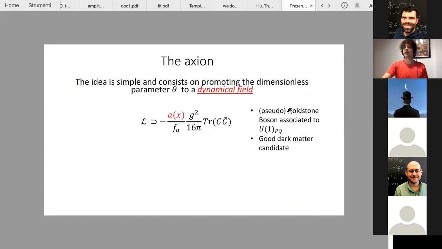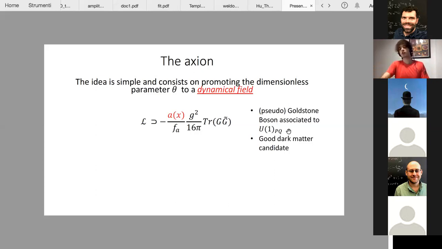This field is actually a pseudo-Goldstone boson associated with a new global U(1) symmetry that is called Peccei-Quinn, after the two authors. So you have this new global symmetry, it is broken, and then you have a Goldstone boson that is actually a pseudo-Goldstone boson because it acquires some mass through non-perturbative effects.